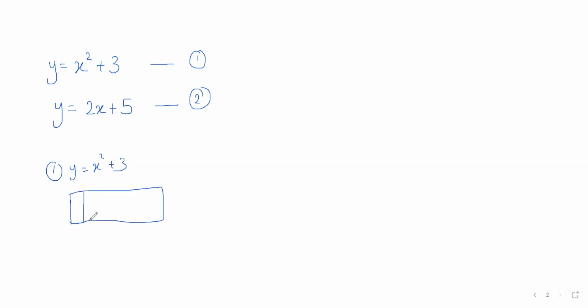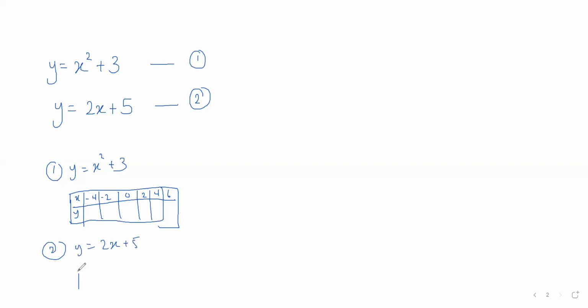So I'm just going to draw a bit more values here, maybe 1, 2, 3, 4, 5, 6 values, because it's a quadratic, so it's an x squared, you need more numbers. So let's say -4, -2, 0, 2, 4, and 6. And we do the same for equation 2 as well.